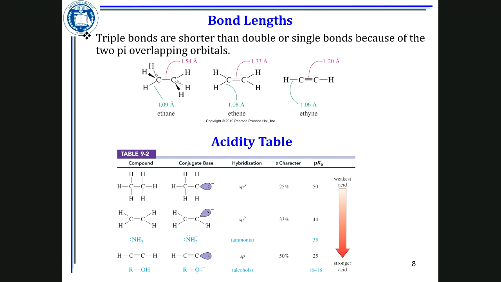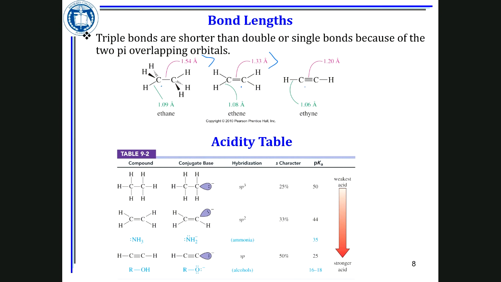If you're talking about bond length, a single bond is going to be longer than a double bond, which is longer than the triple bond. But if you're talking about the strength of the bond, a triple bond is stronger than a double bond, which is stronger than a single bond.